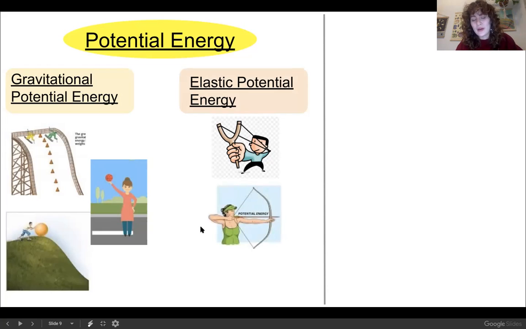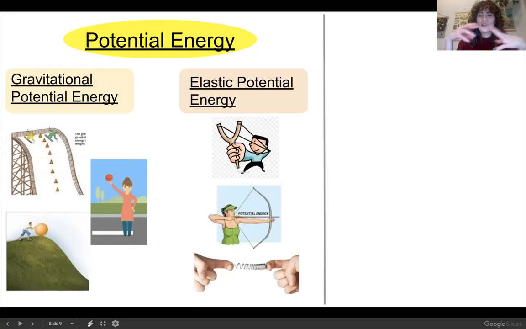Same with a bow and arrow. Or springs. So think of objects that require springs, like a trampoline, or maybe a clicky pen, or a couch with springs in it. So those things, if the spring is either squished or stretched, that's an example of elastic potential energy. So basically, anything that you can deform and then it'll spring back into place is elastic potential energy. It's storing that energy, waiting to let it go.